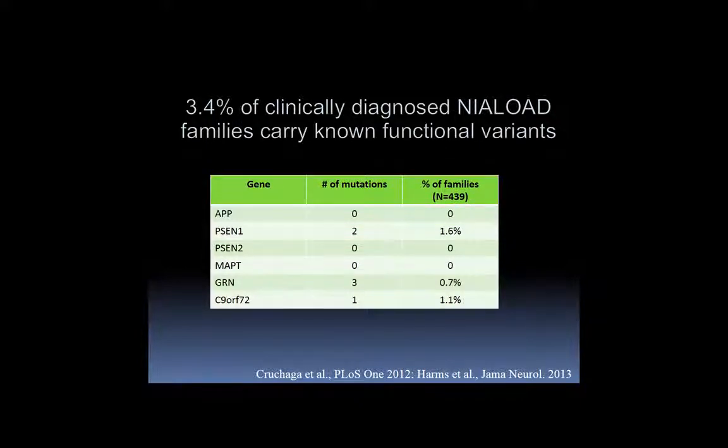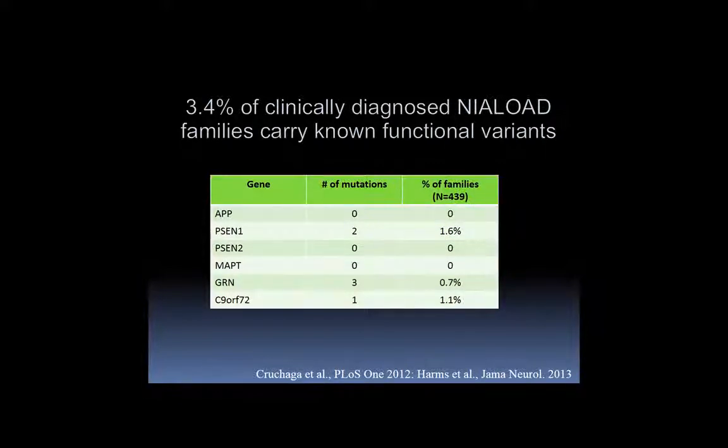This is the other reason I think it's harder to interpret. All of those early families in the 90s that people were studying had an early onset of Alzheimer's disease, as well as having that autosomal dominant pattern of inheritance. So some of the families have an onset in the 20s, right?